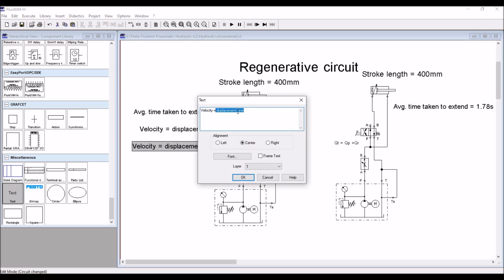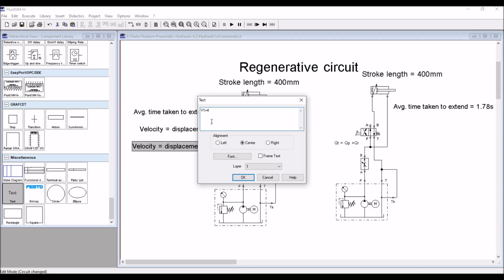V1 is equal to 400, that is in mm, so we have to divide by 1000.